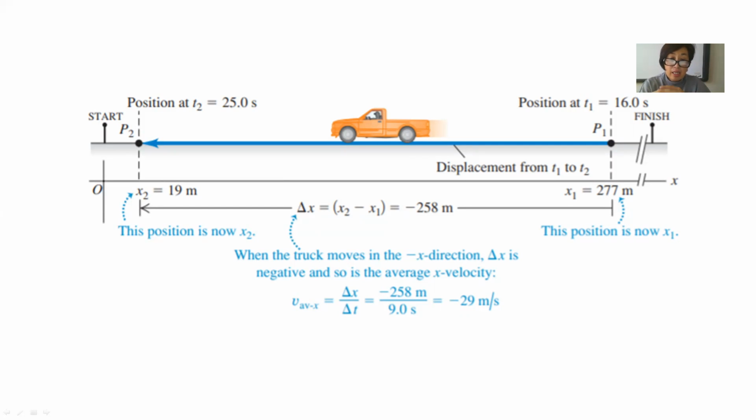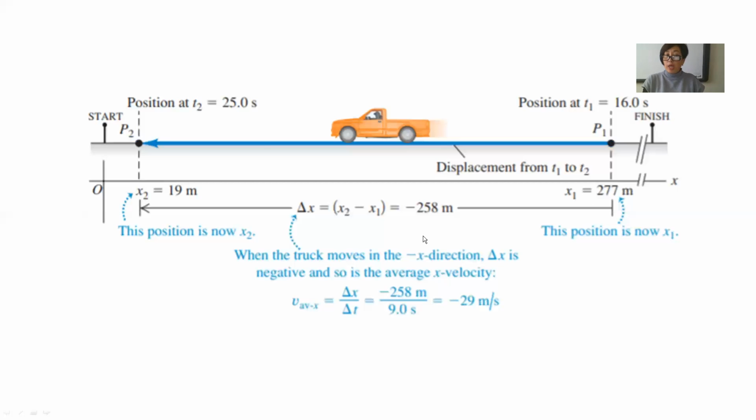But in the x direction, delta x, this is displacement. Displacement will be negative because the second position, 19 meters, minus the first position, 277 meters, will be negative, minus 258 meters.